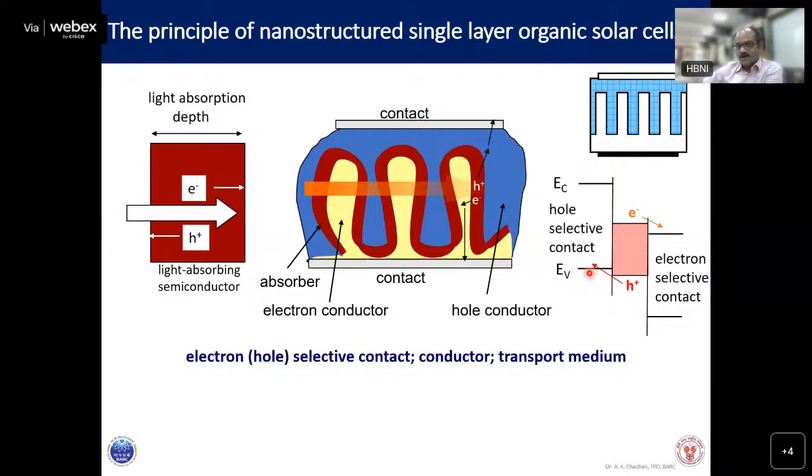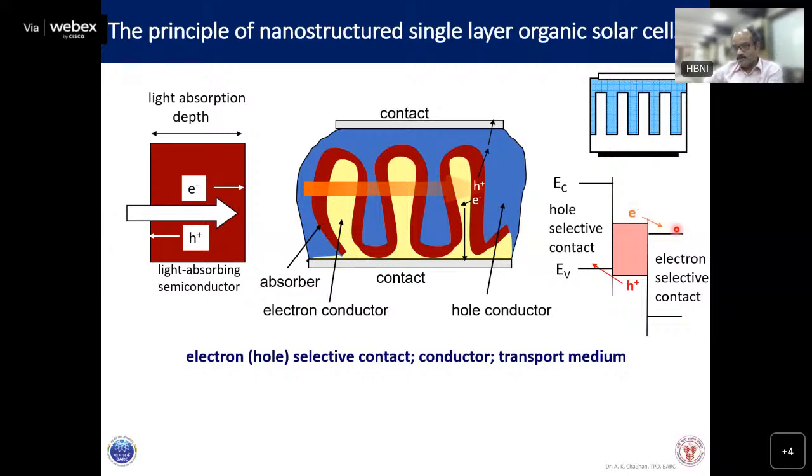So suppose you have EV here, this color is the active layer material, and on one side you have put one material which has energy levels EV and EC here, and on the other side you have put a material which has energy levels EV and EC. So if you see, if electrons and holes are created in this material, the electron will be easily transported because there is another electronic level available here.